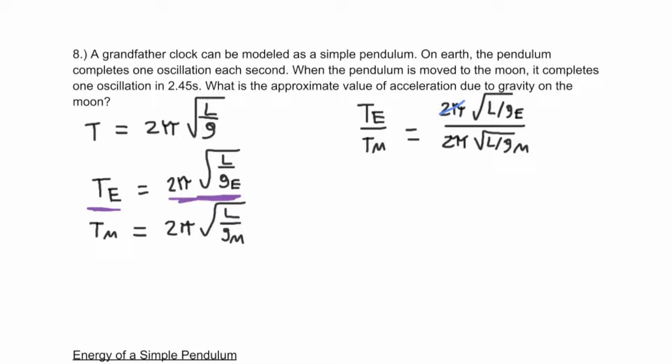So the 2 pi's cancel and the L's cancel. So we get time on the Earth divided by time on the moon is equal to just a big square root of 1 over g on the Earth divided by 1 over g on the moon.